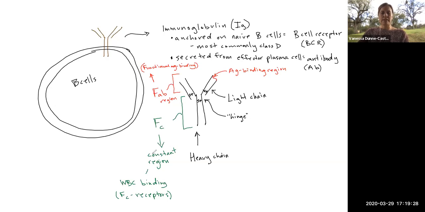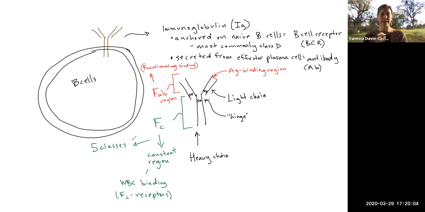The constant region, even though you would imagine it's constant, actually has 5 different classes. So there can be 5 different types of these immunoglobulins. There are 5 genes that make up that Fc region, only one of them is made per B cell, and that B cell can switch from one class of immunoglobulin to another, and actually receives input from whatever's happening in the surrounding and where that activation of that B cell occurred.